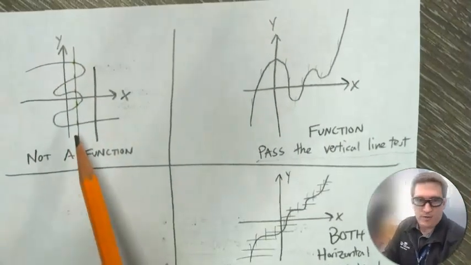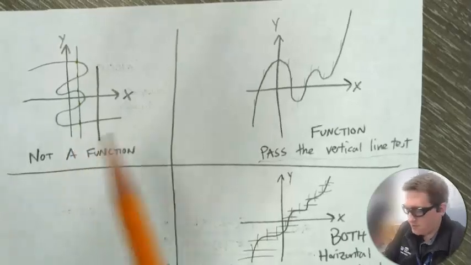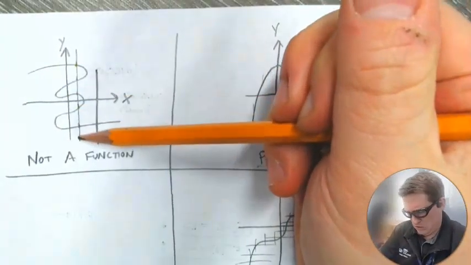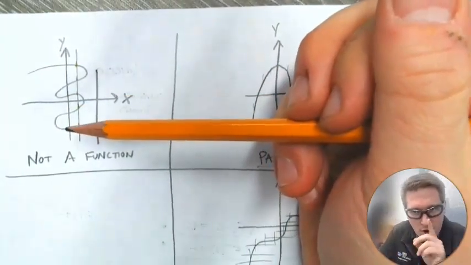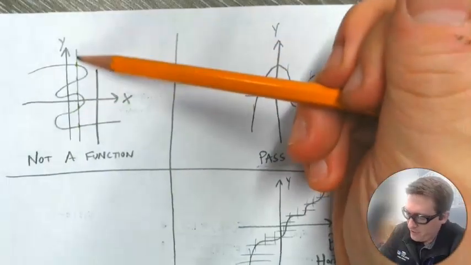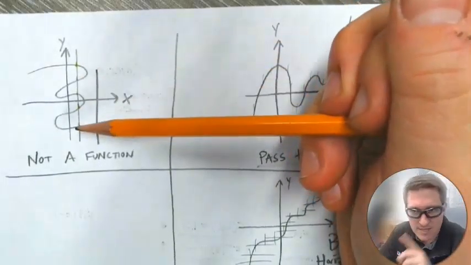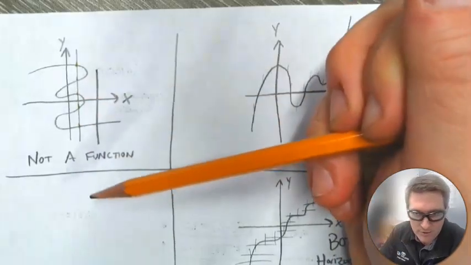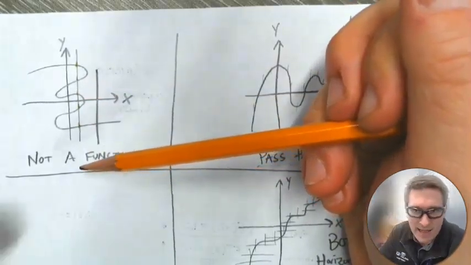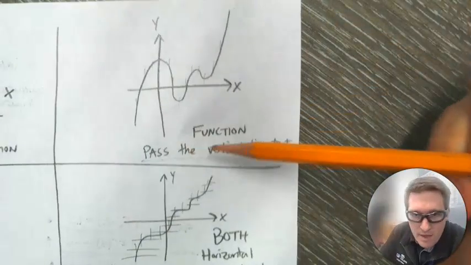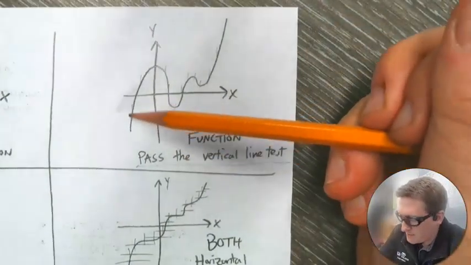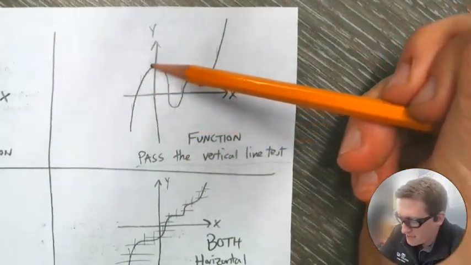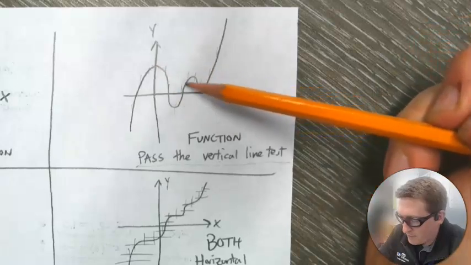So how would I tell the AP grader that this is not a function? It fails the vertical line test. No, 0 credit. This is not a function because there is one x value at least where there are multiple y values paired with it, and that cannot happen in a function. This is a function because every x value has a unique y value.